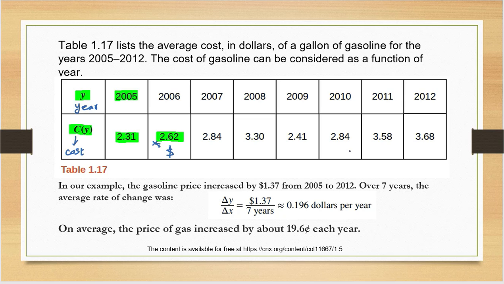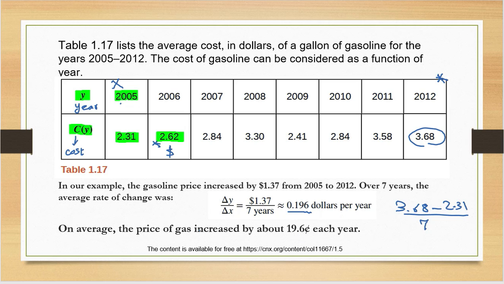If we want to know how much it has changed on average from 2005 to 2012, then we write 3.68 minus 2.31 divided by how many years? 2012 minus 2005, 7, and it gives us $0.196.